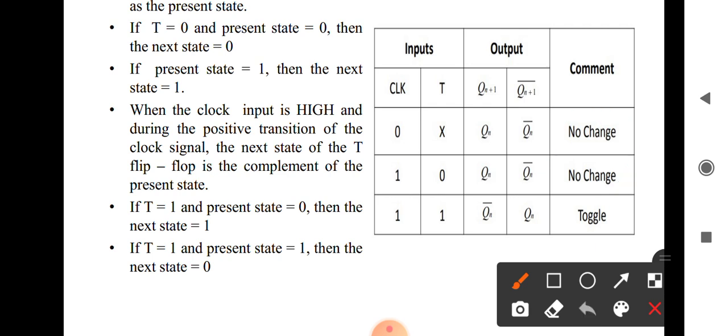Next, what happens when t is equal to 1? See, when t is equal to 1 here, say we are having the present state as 1 and 0. This will be your next state.